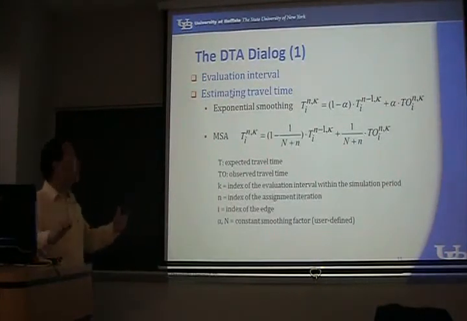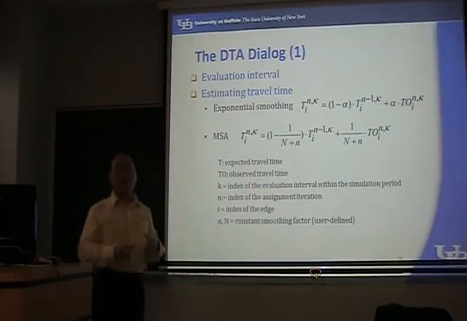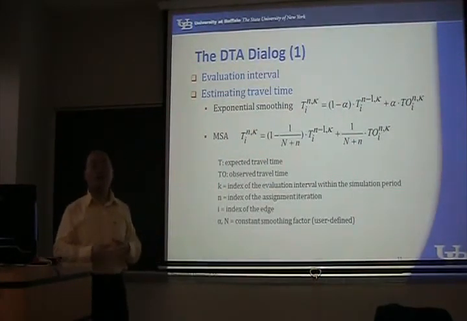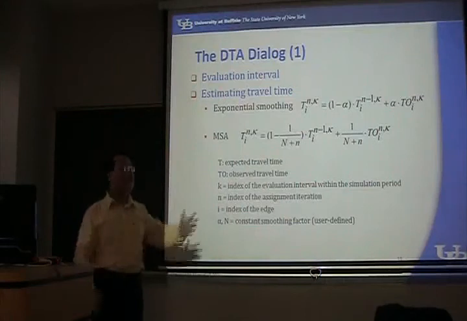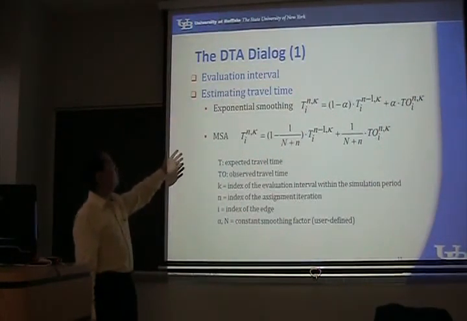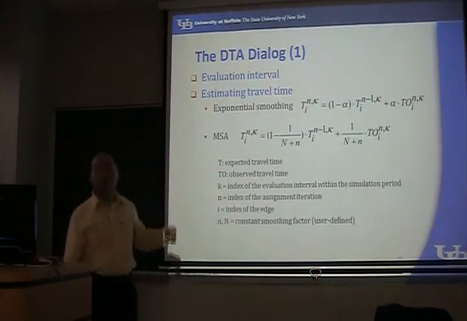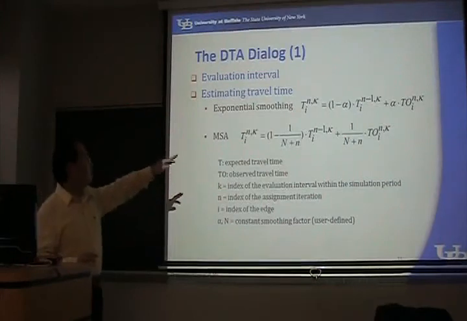As I already talked about, in order to calculate the generalized cost, we need to estimate the travel time of each link first. In vSim, you can select two methods. The first one is called exponential smoothing. The second one is called MSA. These are the equations.